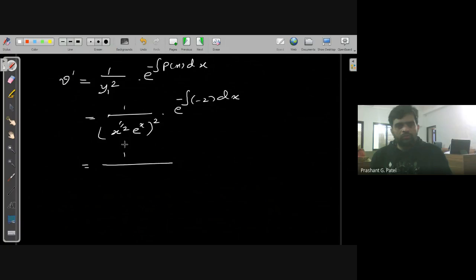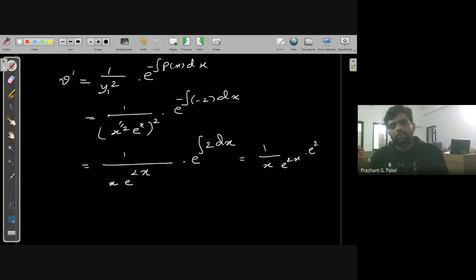So this gives you x e power 2x into e power 2x in the denominator, so that's why it is 1 by x. This is v dash. So you will have v as the integration of 1 upon x dx, which gives you log x.